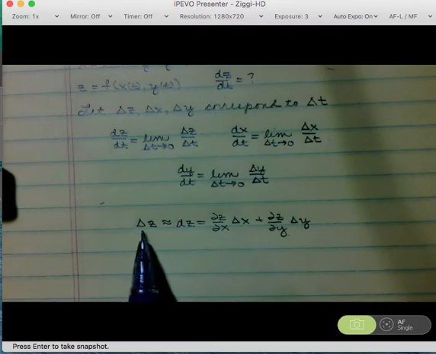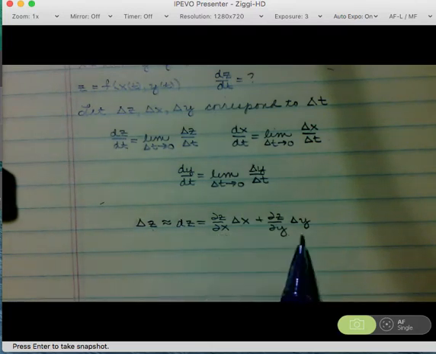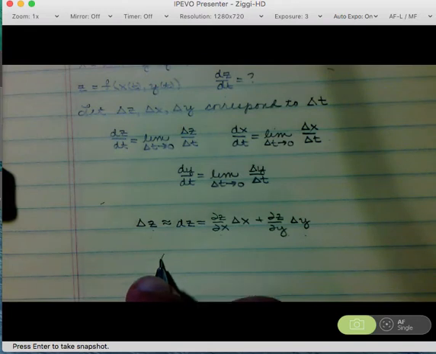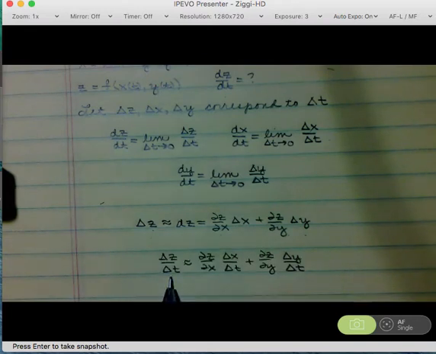Now if we take delta z all the way over here on the left and this expression all the way over here on the right and divide through by delta t, we'll have delta z over delta t is approximately equal to the partial of z with respect to x times delta x over delta t plus the partial of z with respect to y times delta y over delta t.